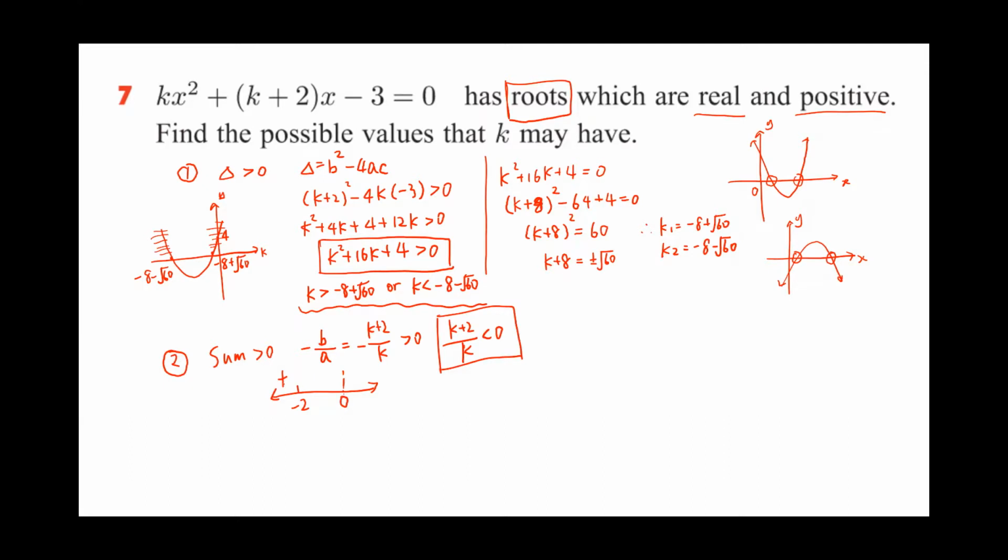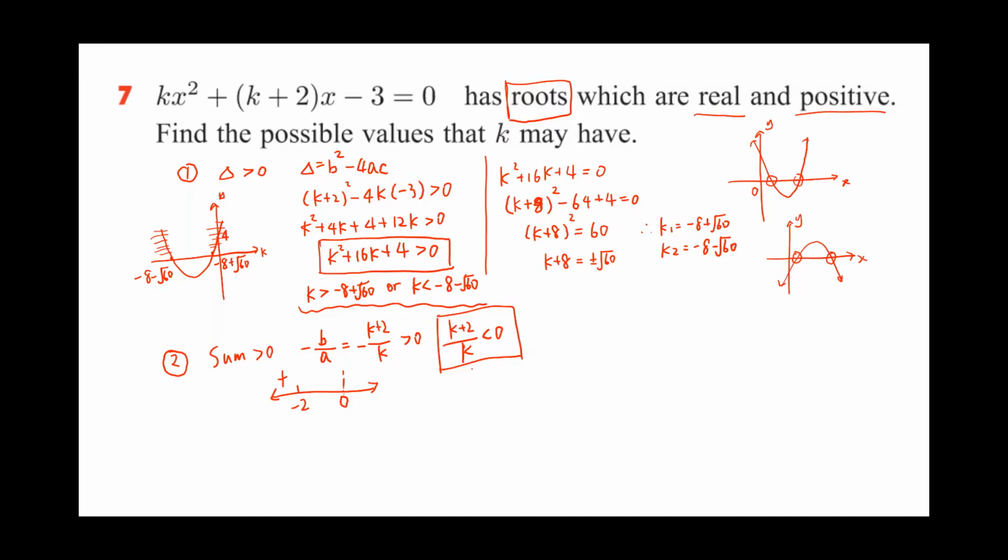How about between -2 and 0? Try -1. Is it positive or negative? Guys, is it positive or negative? -1 plus 2, +1 divided by -1.